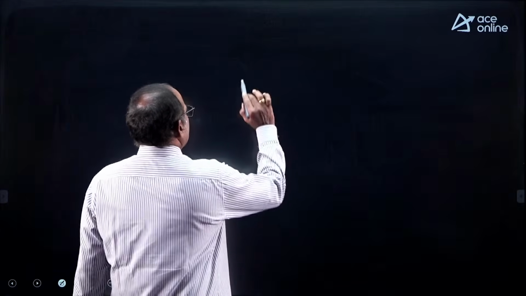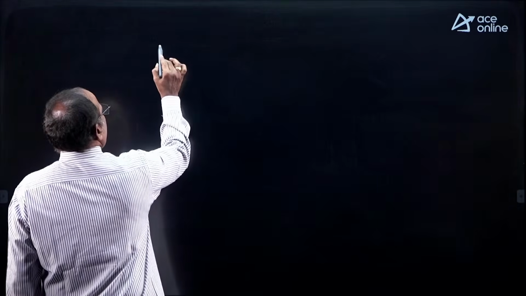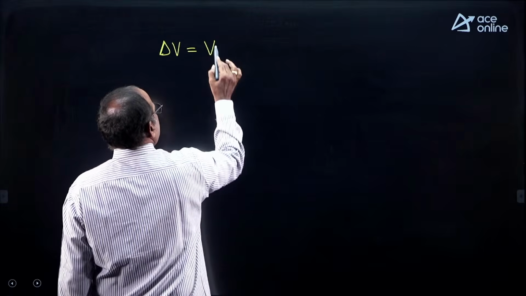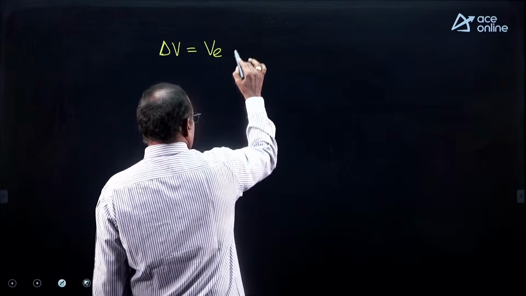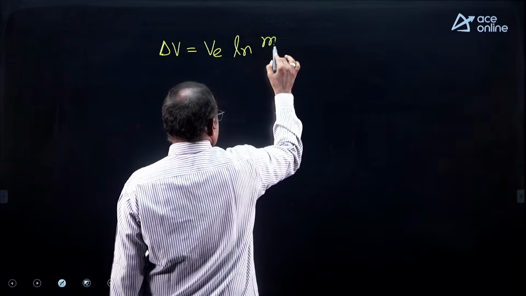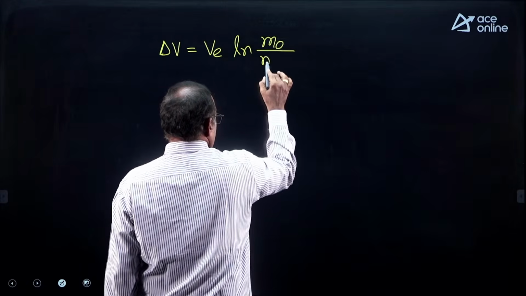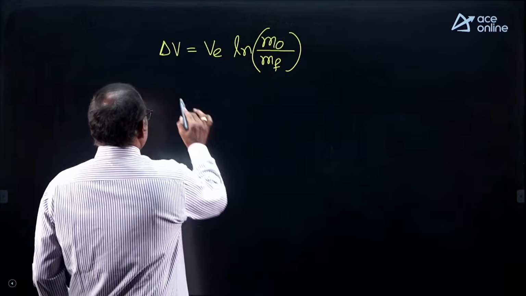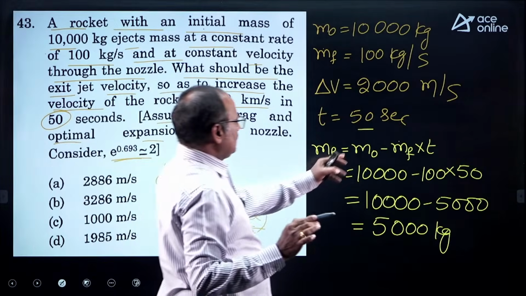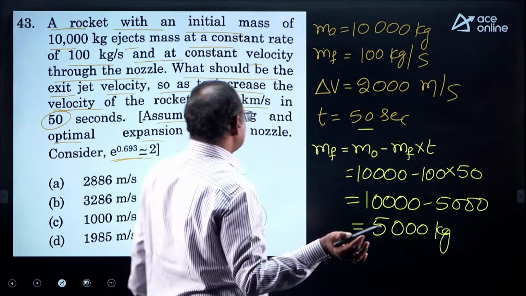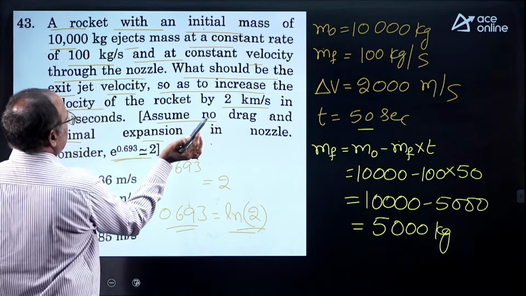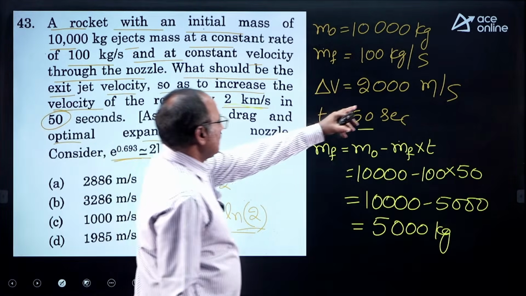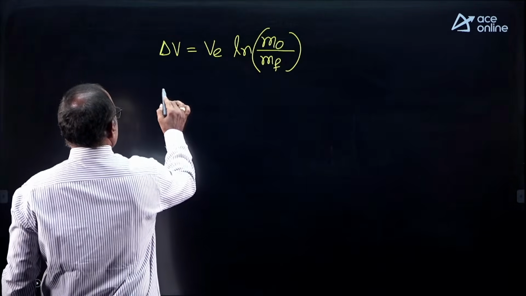Then, as we all know, the change in velocity of the rocket equals exhaust velocity of the rocket into ln of initial mass of the rocket divided by final mass of the rocket. The change in velocity of the rocket is given as 2 kilometer per second, which equals 2000 meter per second.